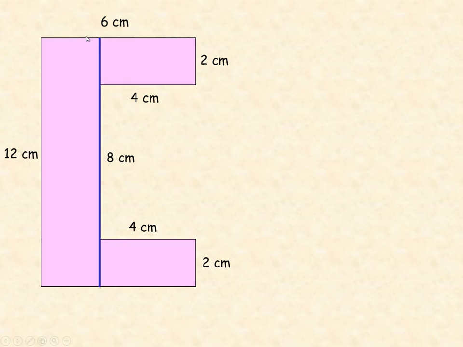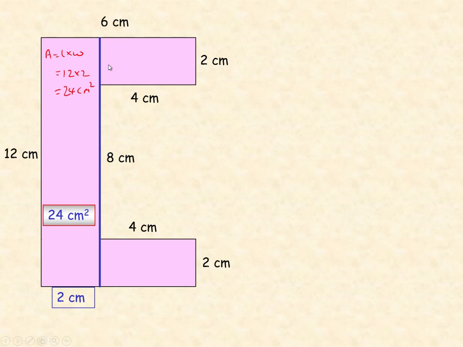It'll be 12 by 2, because from here to here is 6, but from here, the blue line there to there is 4. 6 take away 4 leaves me with 2. So the area of this long rectangle, A equals L times W, is going to be equal to 12 times 2, which is equal to 24 centimeters squared.